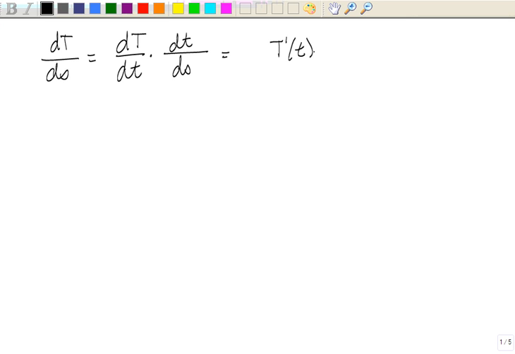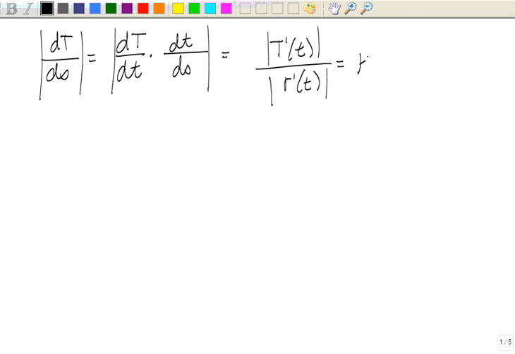Now, using the chain rule, dT over ds is dT over dt times dt over ds, and that is T prime of t over the magnitude of r prime of t. And that's how we define curvature. So that's how we're going to find it using that formula.